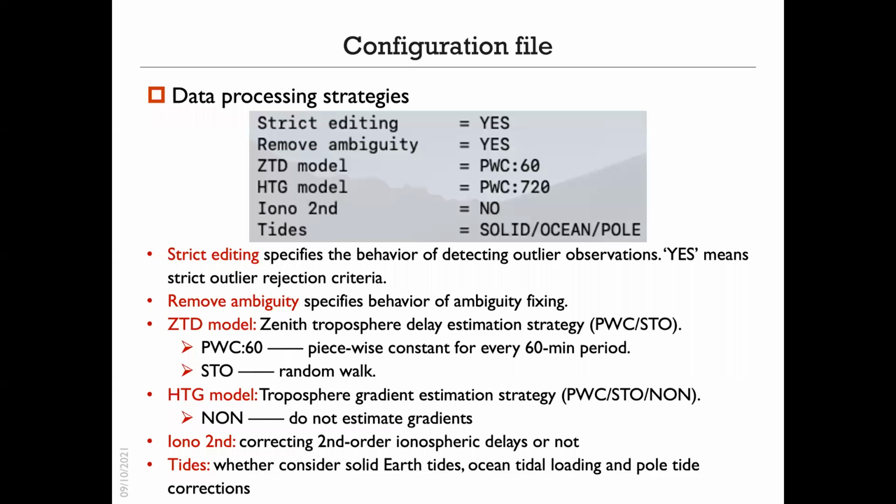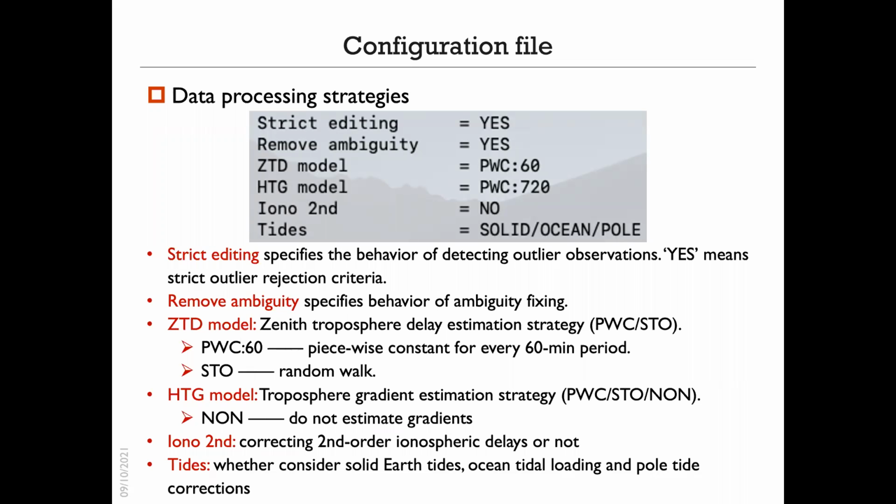And the second one is remove ambiguity. This option should be placed in the following part for the ambiguity fixing module. This option specifies the behavior of ambiguity fixing. For example, if you have a long period of data, like 24 hours, the ambiguity fixing will be quite easy, and you can use integer rounding to the nearest integers to resolve the ambiguities.